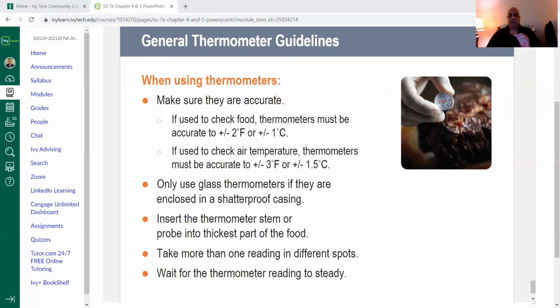Only use glass thermometers if they're enclosed in shatterproof casing. You also insert the thermometer stem or probe into the thickest part of the food. Take more than one reading in different spots. Lastly, you wait for the thermometer reading to steady.